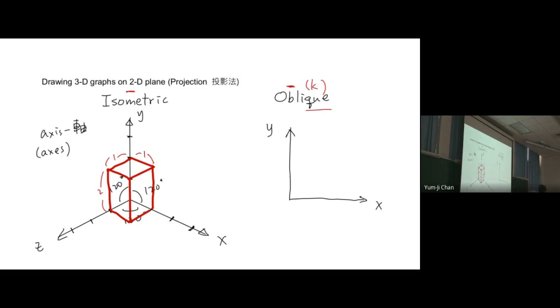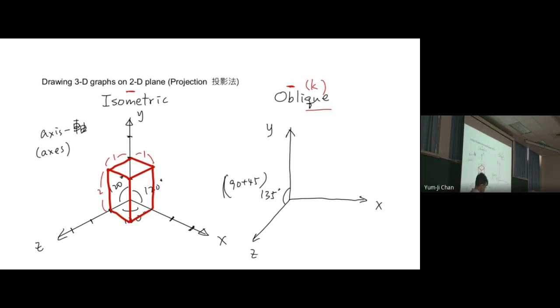Is that okay? And then for the z-axis, we draw it at about 135 degrees. This is 90 plus 45, right? 90 plus 45, 135 degrees here to the z direction.